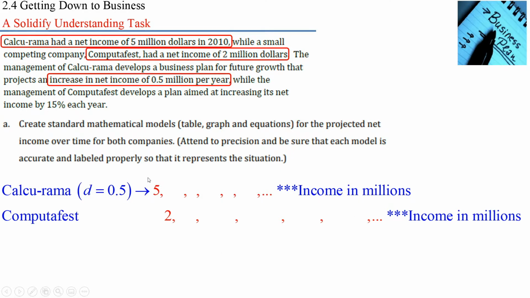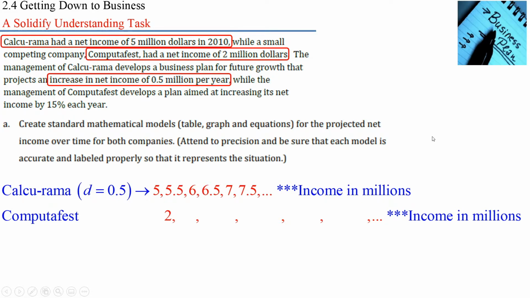So that means in 2011 we have 5.5 million. In 2012, 6 million. In 2013, 6.5 million. In 2014, 7 million. In 2015, 7.5 million, and so on. So we like the direction this company is going. That's linear growth right there.